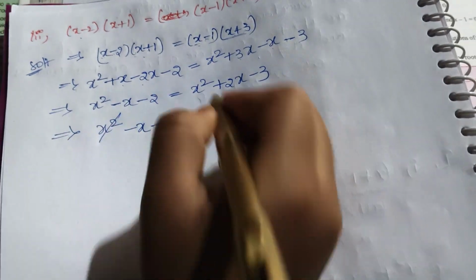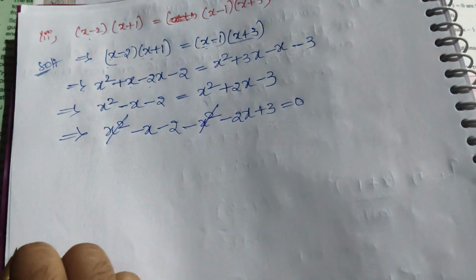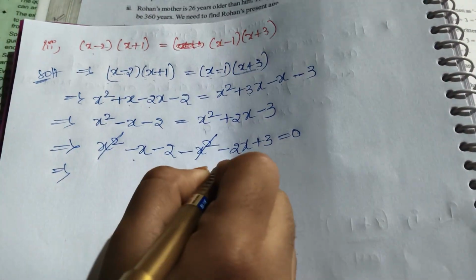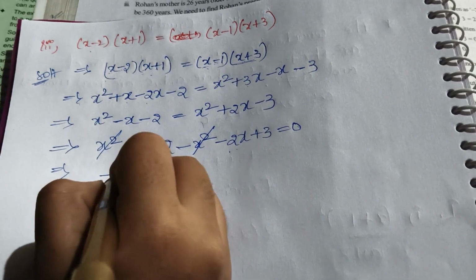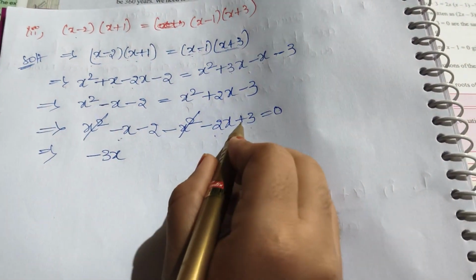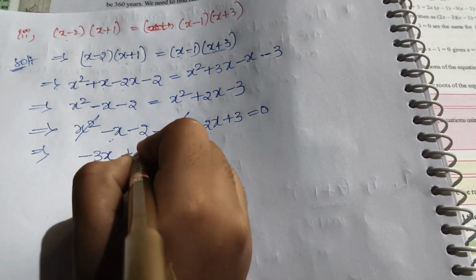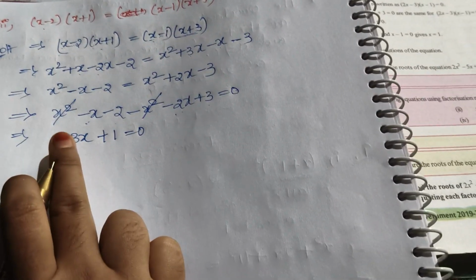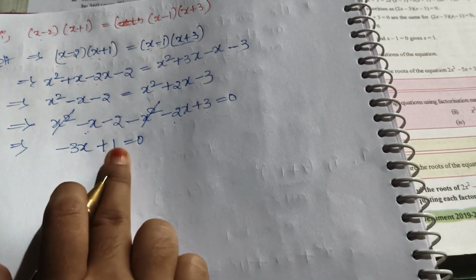If we observe, plus x square minus x square cancel. What are the remaining terms here? Minus x minus 2x will become minus 3x. Minus 2 plus 3 will become plus 1, is equal to 0. We require the final solution, how much came? Minus 3x plus 1 is equal to 0.